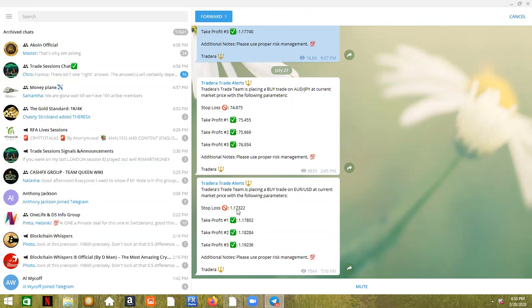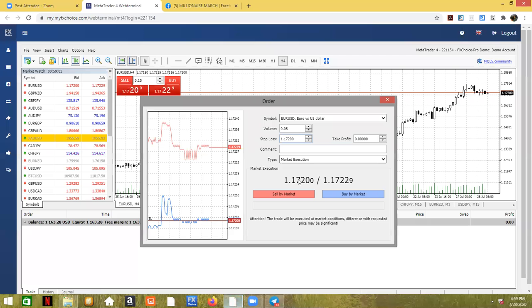So let's just say this was a different alert, right? We're going to say that the stop loss was 1.17122, right? Which means we can actually put that in. 7122, right, would be what? That would be 10 pips shy of this. So I can actually execute that trade. My stop loss, 1.17122.